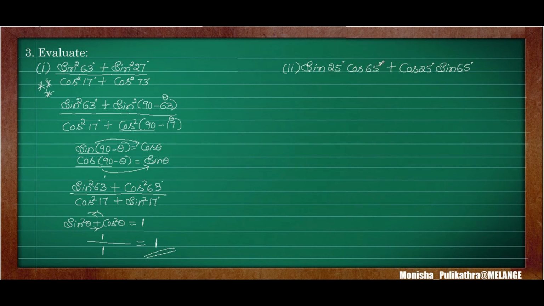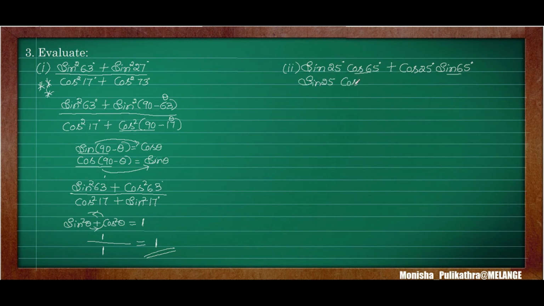Next one, here we have to make it in the form of sine square theta plus cos square theta. In this, only one you have to change. I will change the second one, because it has to come in the form of sine square theta plus cos square theta. First one I write as it is, sine 25.